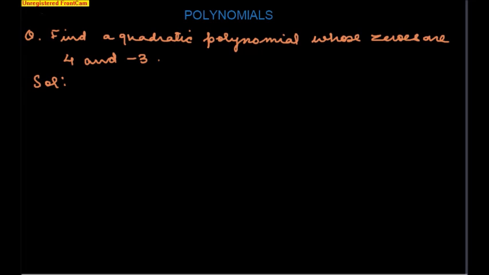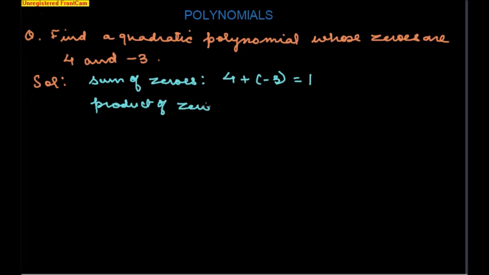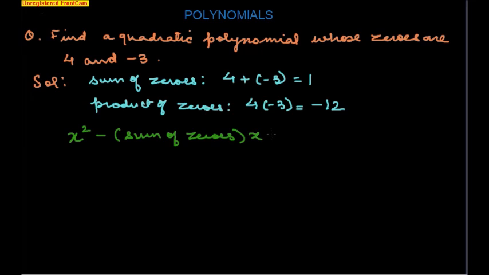Now how do you find the polynomial? Before I find the polynomial, I need to know the sum of the zeros. Please see, the sum of the zeros is 4 plus minus 3, which is equal to 1, and the product of the zeros is 4 into minus 3, which is equal to minus 12. Now, as I told you earlier, when you have to form the quadratic polynomial, we follow this, that x square minus the sum of zeros into x plus the product of the zeros.